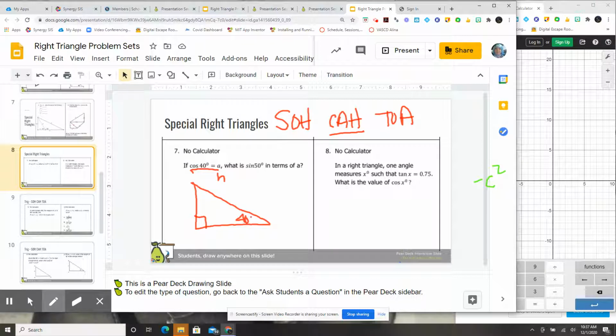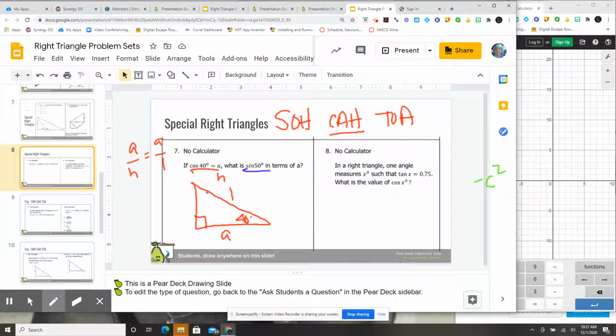A over H, that means this is A, and H is just 1, because if A over H equals A, then I got to divide by 1, because that's the only thing I can do to not make it any different. So then I come over here, and I've got sine of 50.